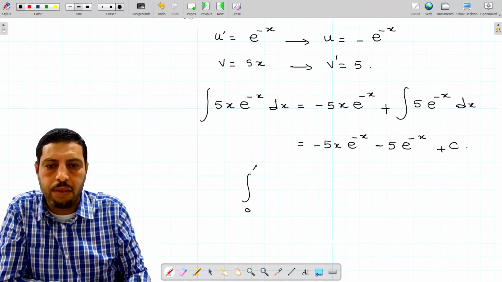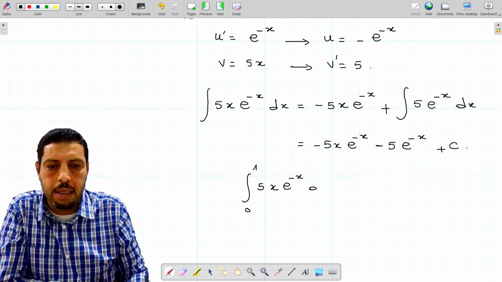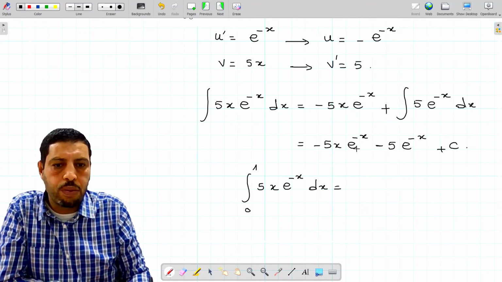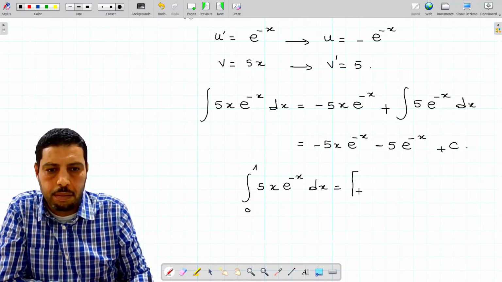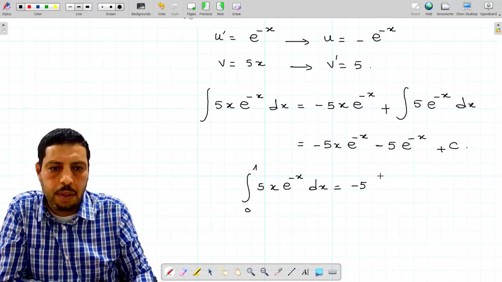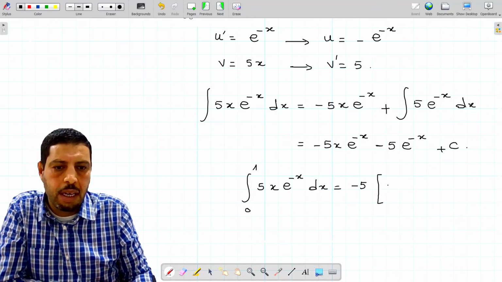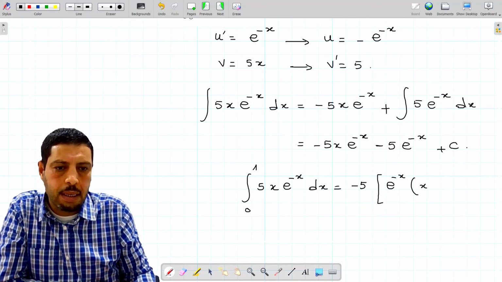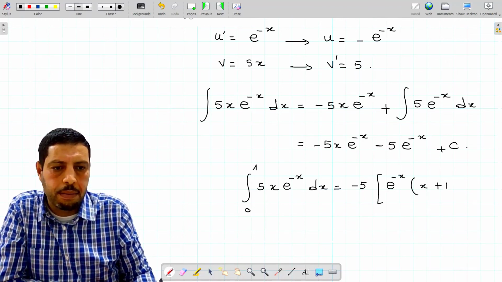The integral between 0 and 1 of 5x exponential minus x dx is equal to, of course, we can put the exponential minus x and the 5 as a factor here, so we'll put the minus 5 outside, and you will obtain exponential minus x times x plus 1 taken between 0 and 1.